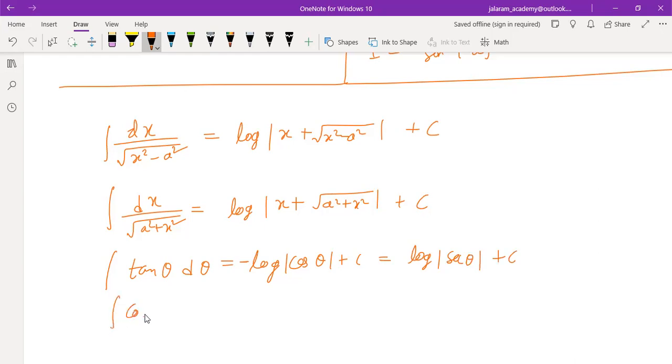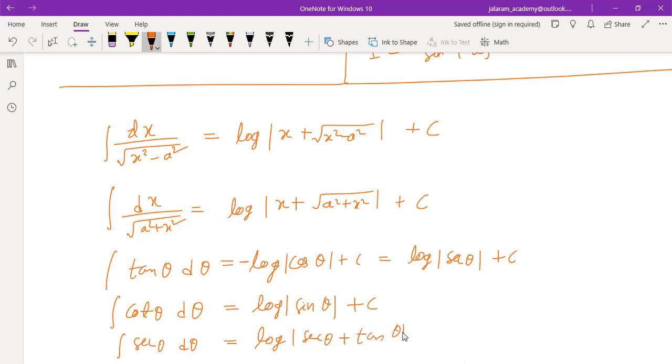Then integration of cot theta d theta equals log sin theta plus c. Then integration of sec theta d theta equals log sec theta plus tan theta plus c.